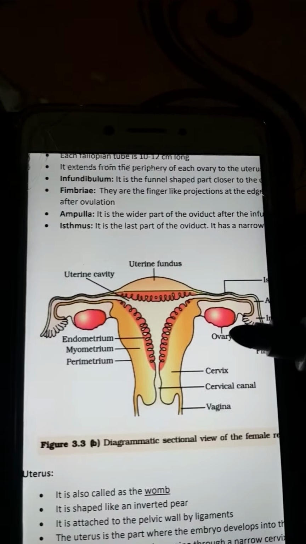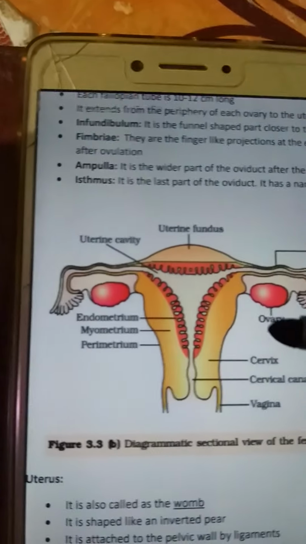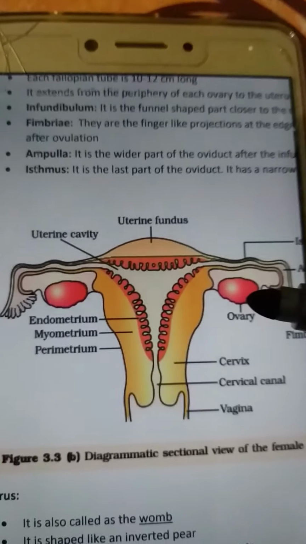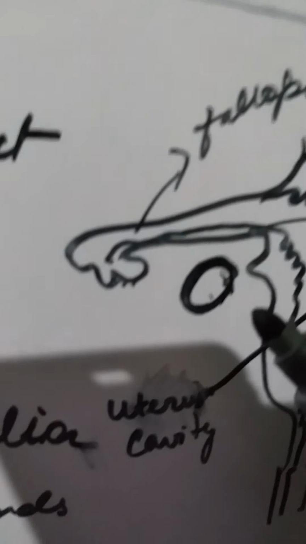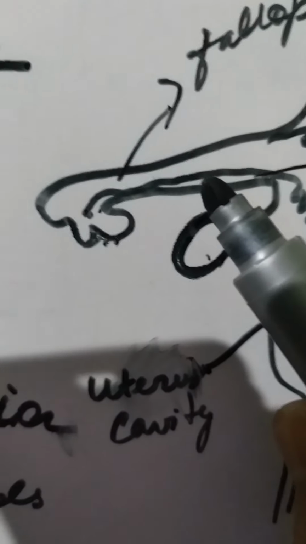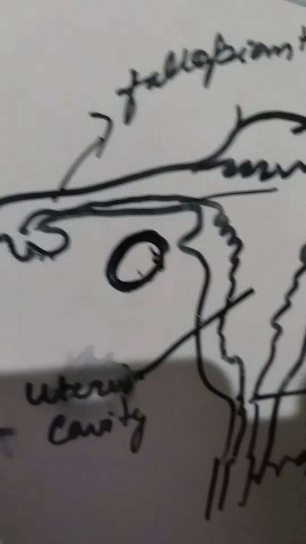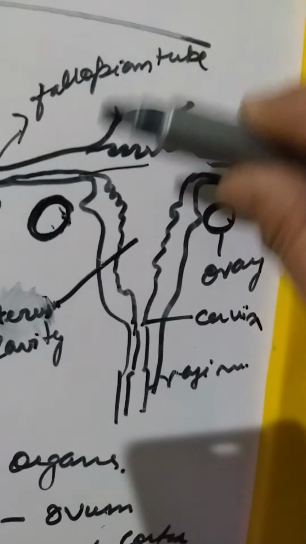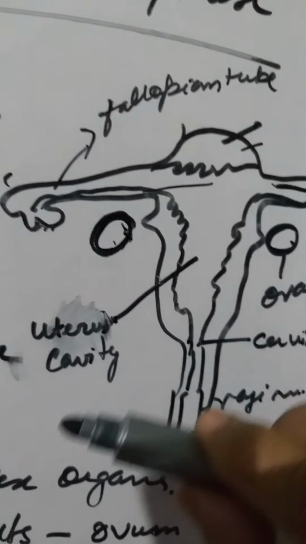Here you can see the ovary, which I have already shown you. This ovary is the site that undergoes gametogenesis to produce the ova, and this structure is a rough one, but it basically plays a primary function in the development of the embryo.